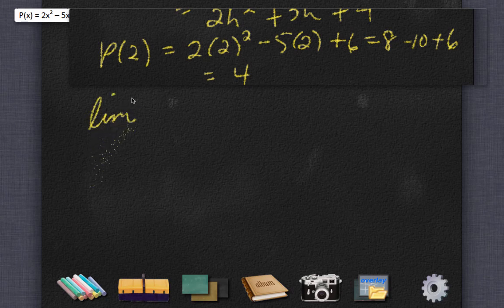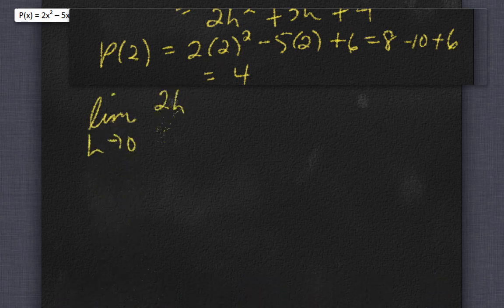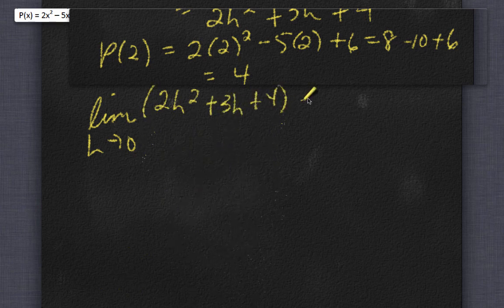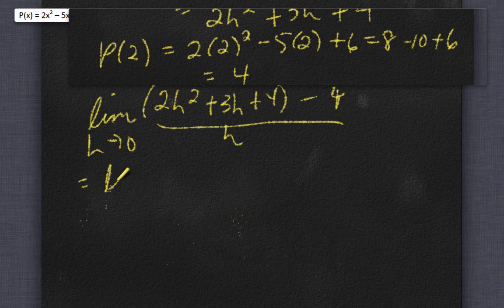So the limit as h goes to 0 of 2h squared plus 3h plus 4 minus 4 over h. So I just plugged in P of 2 plus h there and P of 2 there.